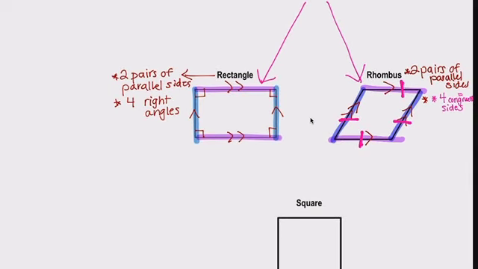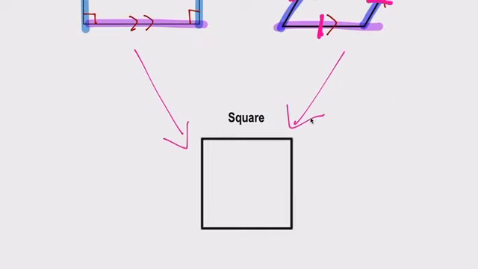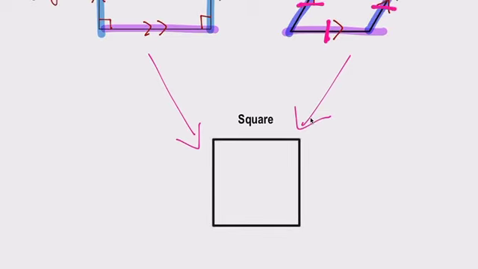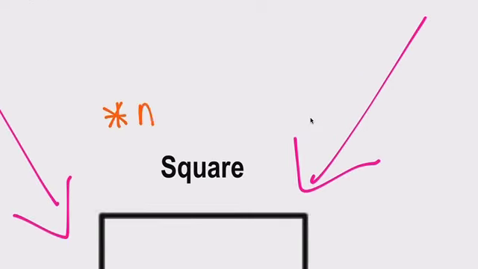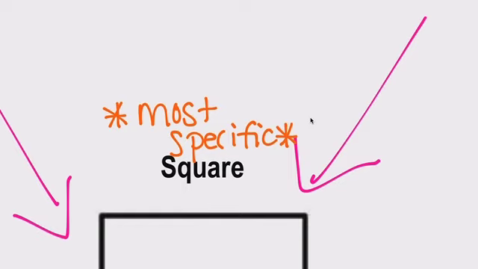Now, the last one is a square. A square is the most specific quadrilateral that we are talking about.